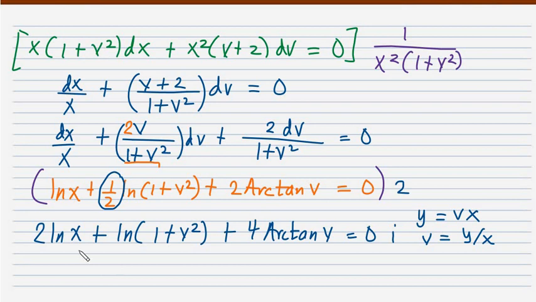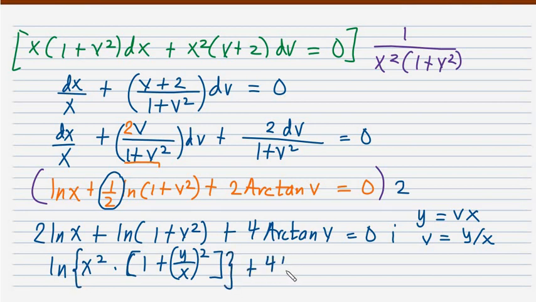So if I combine these two, this will become ln of x squared times the quantity 1 plus y over x squared, plus 4 arctangent y over x is equal to c. This should be equal to c because we have already integrated, and that is our arbitrary constant.